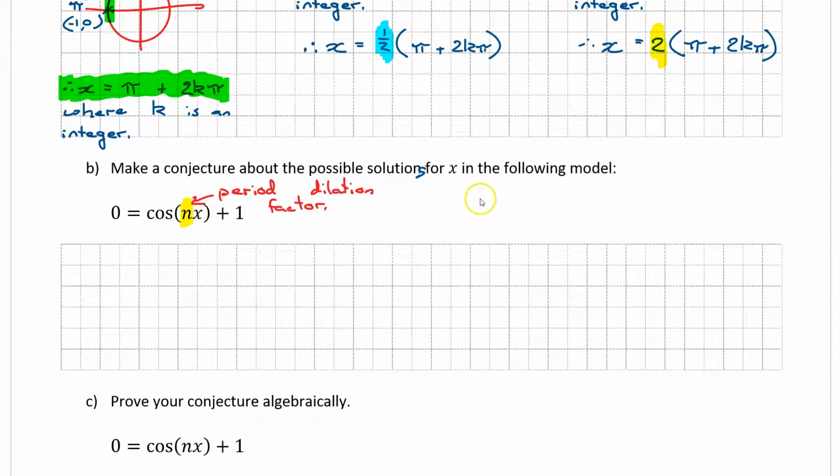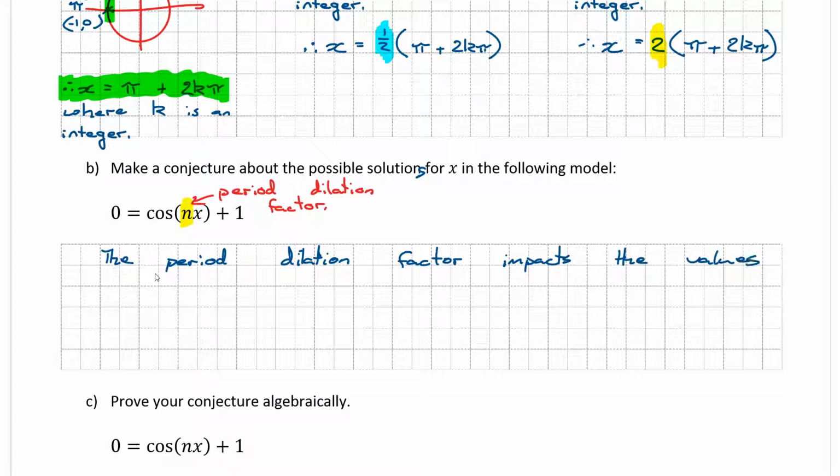So, what you can see is that, if we're going to form a conjecture, we could say that the period dilation factor impacts the values of x that satisfy the equations of this form, to be specific.